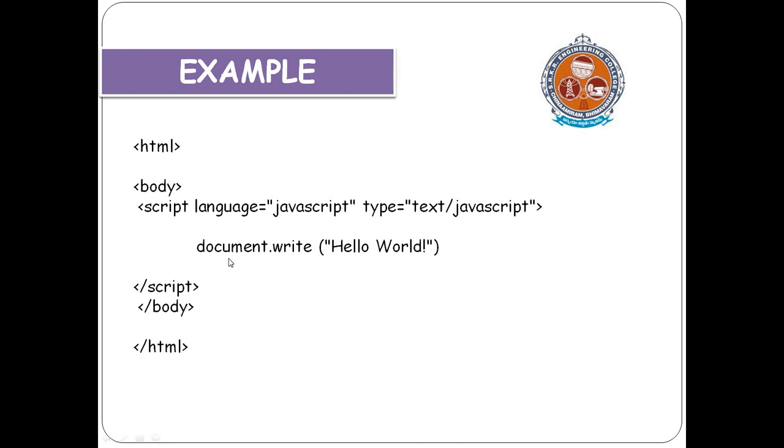Whenever you write JavaScript, you should follow some conditions and attributes. If you want to print data with the help of JavaScript, you have to use document.write, and then it will automatically print hello world. Once our scripting code is done, you close the script, close the body, and finally close the HTML. So this is the basic example of JavaScript.